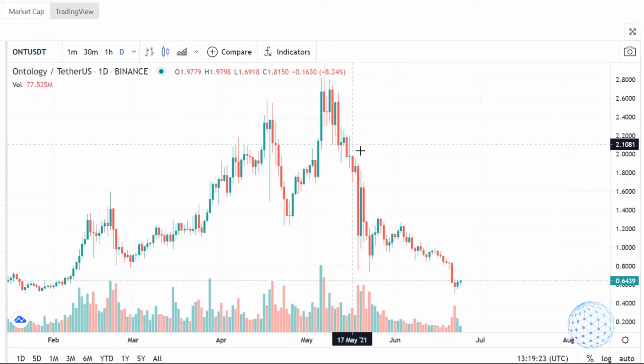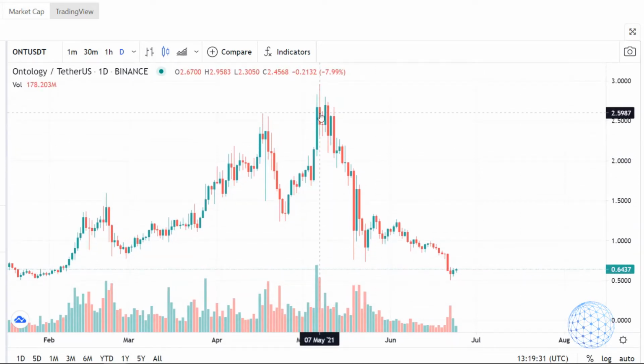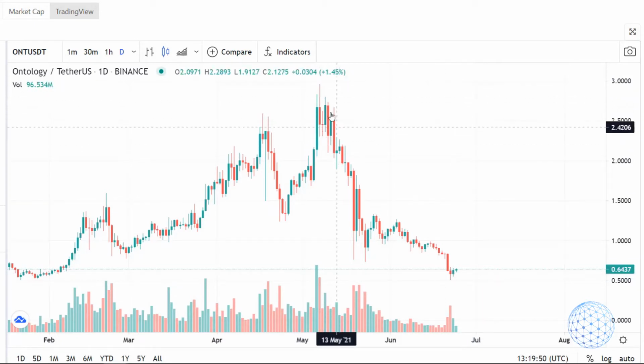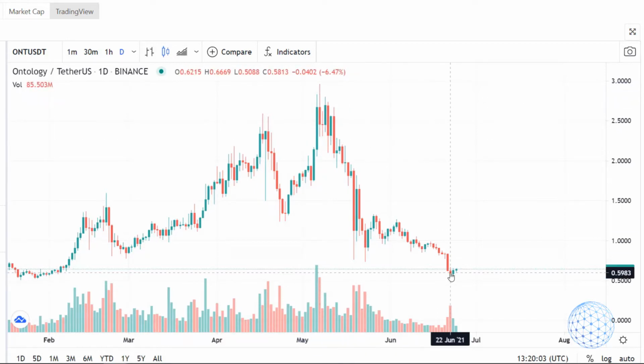I'm not going to talk about why Bitcoin dropped, but something to bear in mind is that Bitcoin lost over 50% of its value, but not as much as Ontology lost, okay? Which you need to consider. So Ontology dropped from the record high down to the 50 cents, okay? So it lost almost 6 times of its value, which is a huge drop.